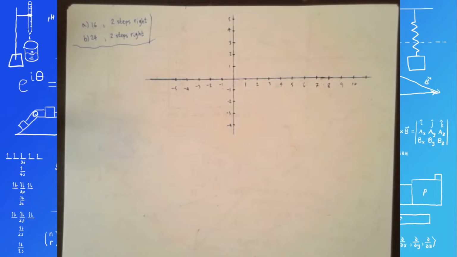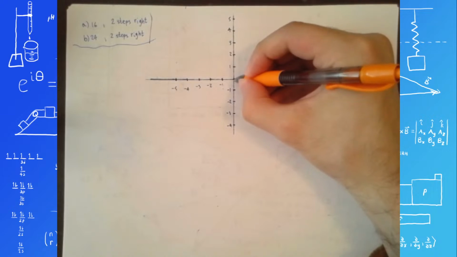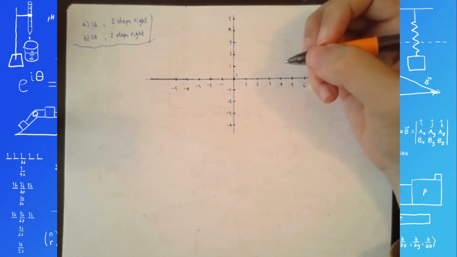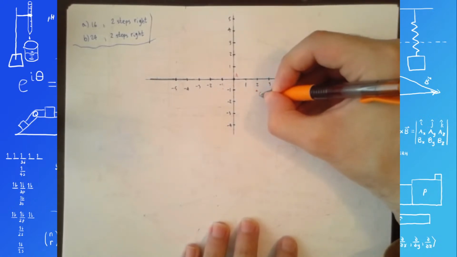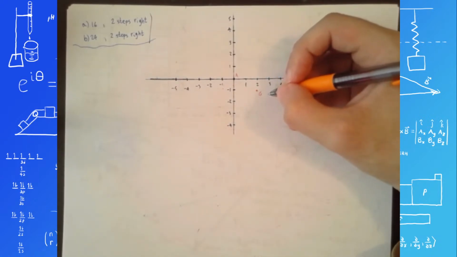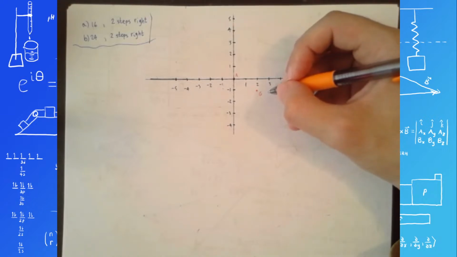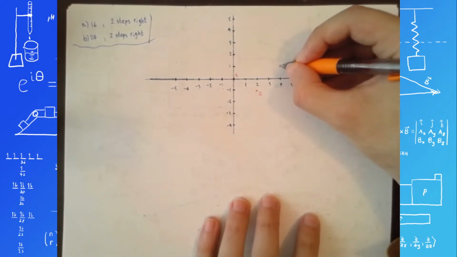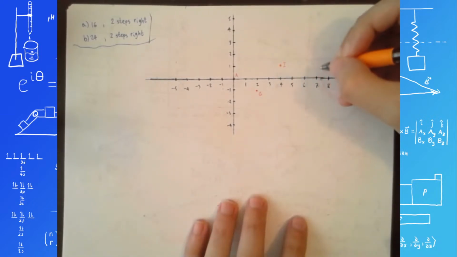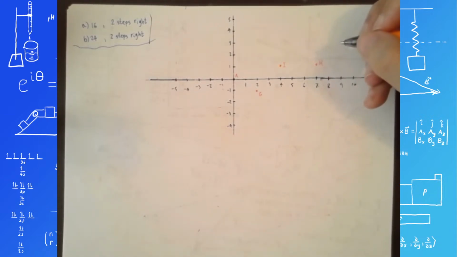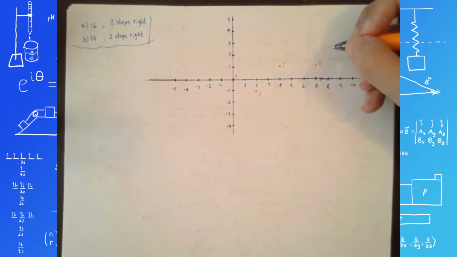I think I'll just use the same color for all of these points. So A is here. G is over here. I'm just going to draw them as I see them rather than alphabetical order, which I'm probably going to regret. 4, 1 is I. And then 3 steps to the right of that, 7, 1 is H. And then it looks like D is 4 steps above and 1 to the right of that.